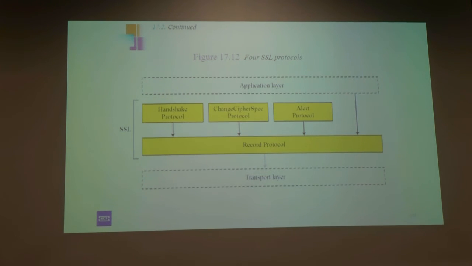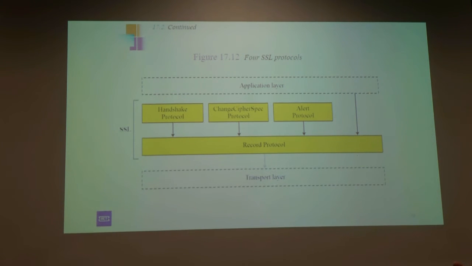We have to look closely at how the handshake is happening. The second one is the change cipher spec protocol. Usually the state will be ready or not ready, active or not active, so we'll see how that happens. And the alert protocol, what are alerts for in life?